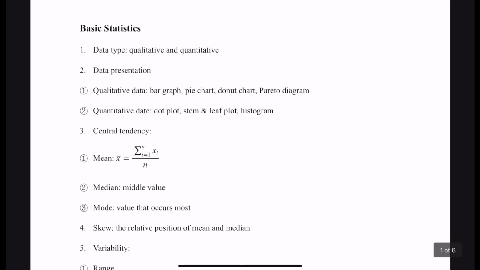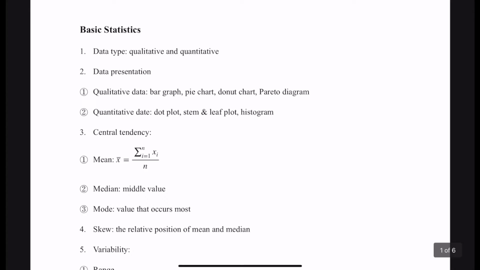Okay, so about stats. Stats is a subject to study data, to study various types of data, right? And basically, we have two types of data. One of them is qualitative, and the other one is quantitative. And once we study this data, we need to find a way to present it.